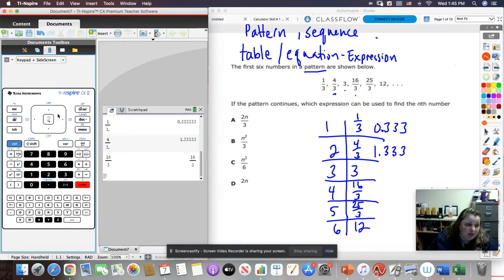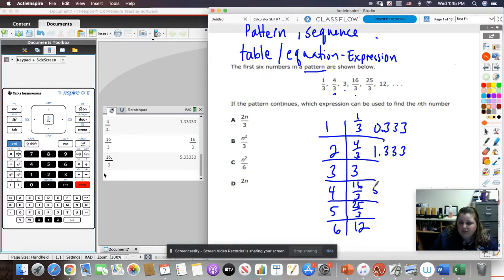Again, I did not hit the decimal point, so I need to come back and hit a decimal point, enter, and it's 5.33. Mental math: 3 goes into 16 5 times, and then there's a 1 remaining, which is 1/3. 3 goes into 25 8 times, that's 24, with 1 remaining. So we can also begin to use mental math to find our answers here.